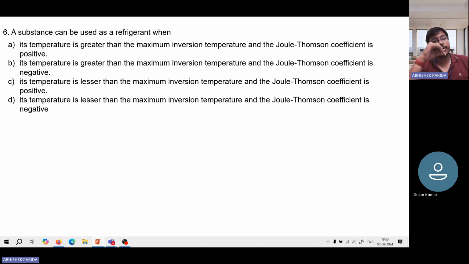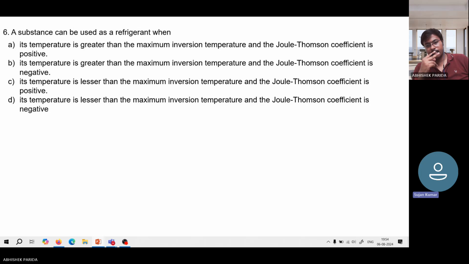Next question. A substance can be used as a refrigerant when? This one we have already discussed. I hope you can answer this question. Sir, the temperature is lesser than the maximum inversion temperature.